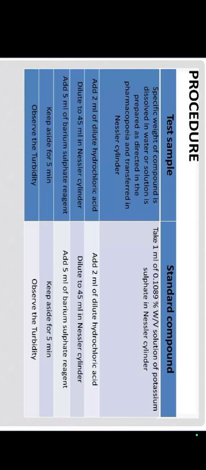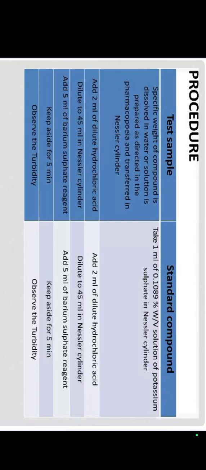Next, we add 2 drops of diluted hydrochloric acid. Next, dilute to 45 ml in the nested cylinder with water and add 5 ml of barium sulphate reagent.